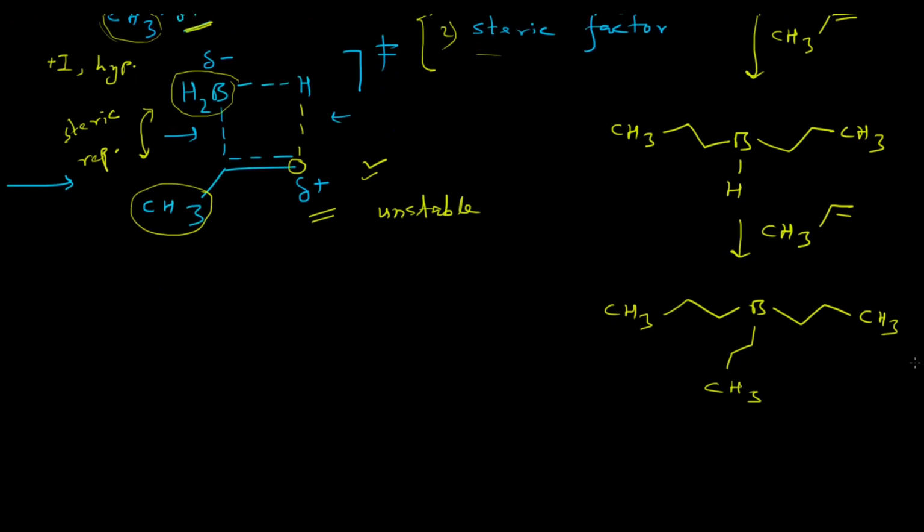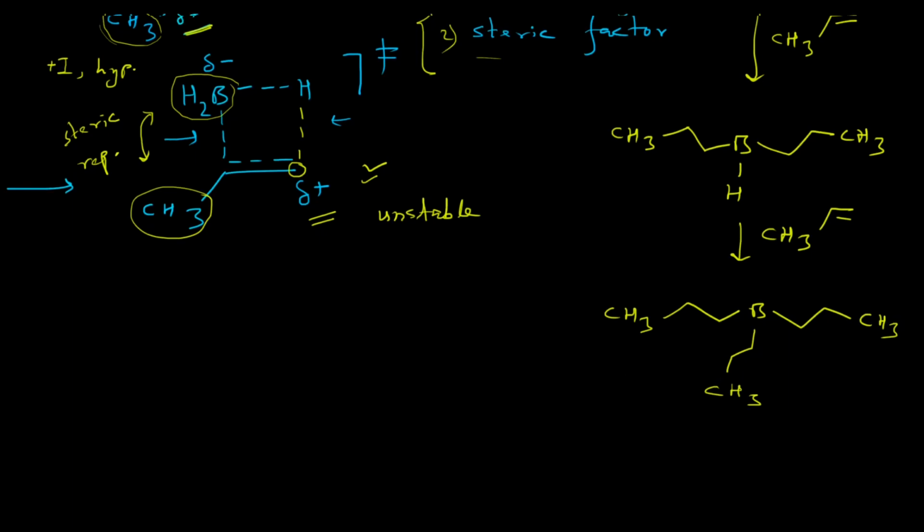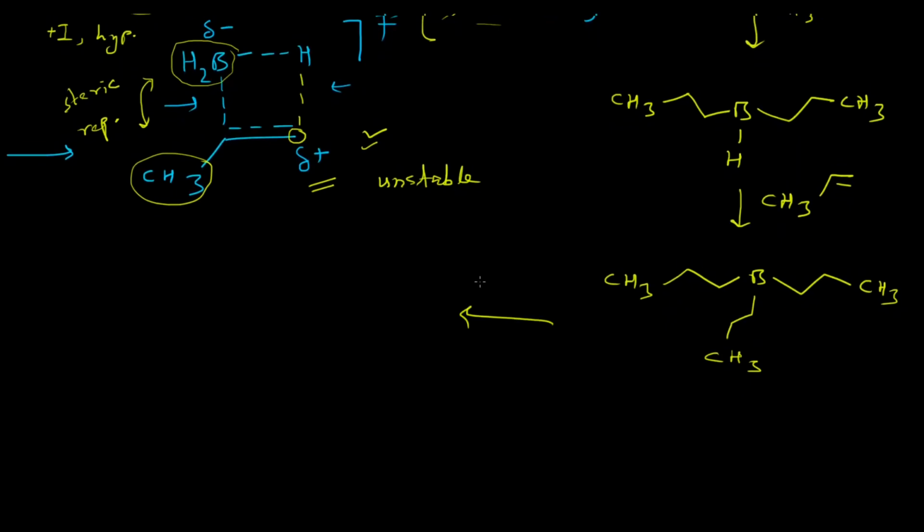So after getting this trialkyl boron, now we will cleave or oxidize this compound to get our desired alcohol molecule. For that we have to perform the treatment with hydrogen peroxide in aqueous sodium hydroxide solution. I am initially giving you the products of this oxidation step, and then I will go into the detailed mechanism of this step.